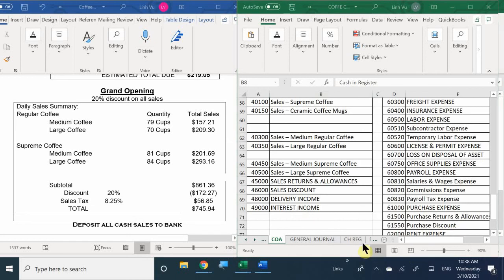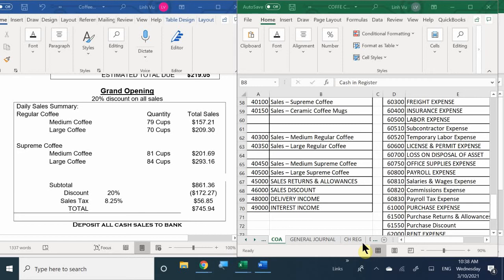That's going to be pertinent information for you to keep track of. If you are the sales representative, you can run your report saying, it seems like we should buy more supreme coffee because people like it a lot more than the regular coffee. Something as minuscule as that can create much better management.